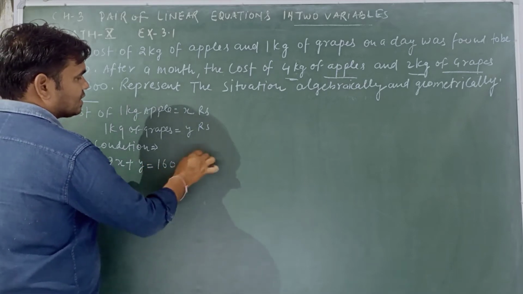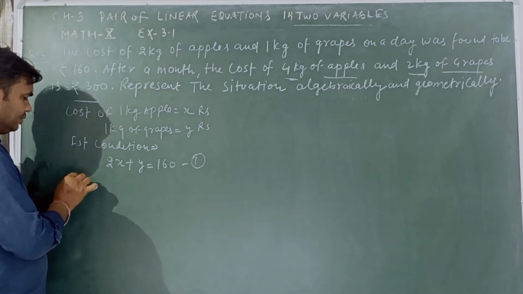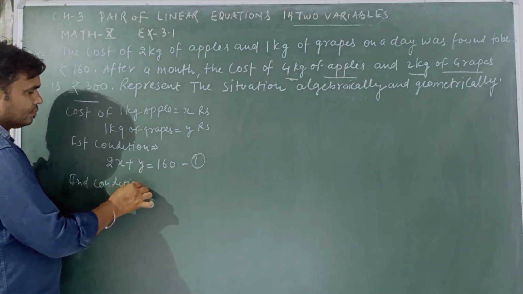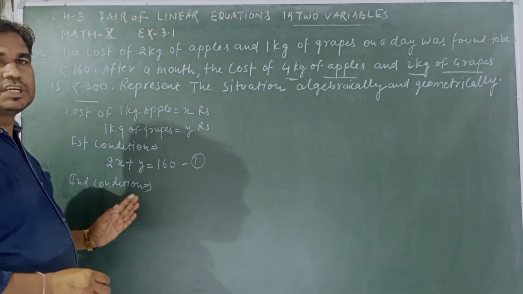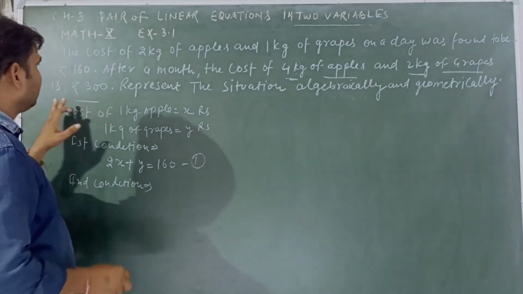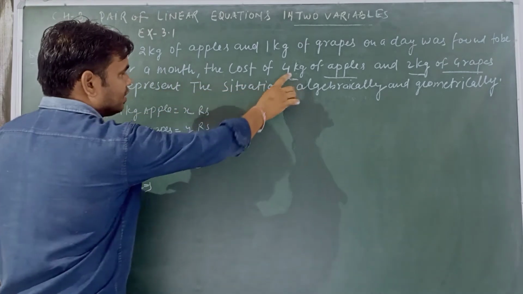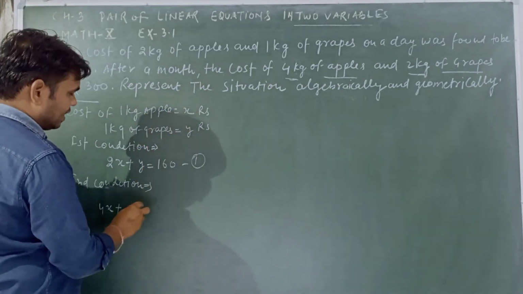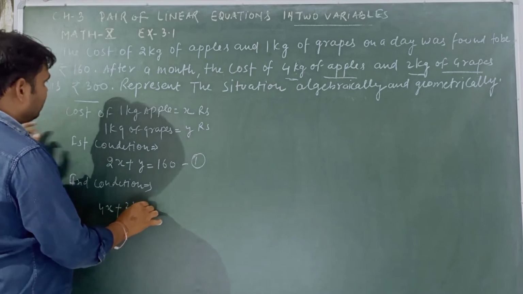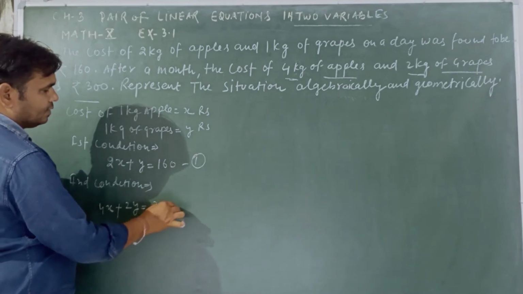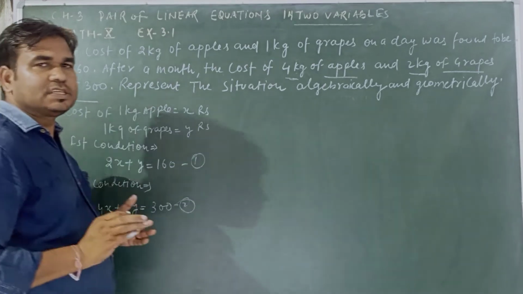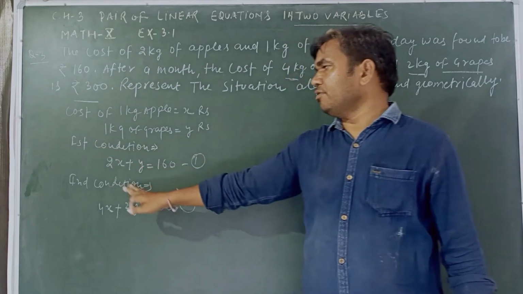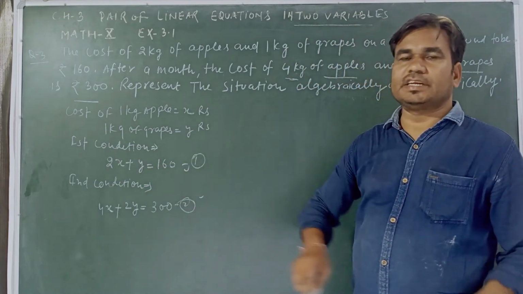And the second condition, students, we have to see: after a month the cost of 4 kg of apples, that is 4x, plus 2 kg of grapes, that is 2y, equal to rupees 300. So this is the second condition. Here we got the algebraic form, the first condition and the second condition.